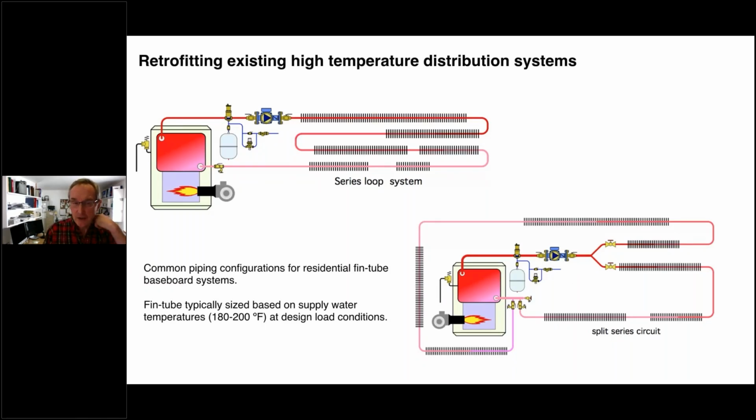But all of these, especially the upper one, the baseboards are arranged in series. And I'll be frank, series baseboard, it made sense probably in the 50s or 60s. You can still do it today, but honestly, you're giving up a lot when you go to series compared to going to some kind of a parallel distribution system. If the baseboard isn't sized properly, if the room loads weren't calculated properly, you may not necessarily proportion the right amount of fin tube to a particular room load, and you really can't do much about that once this is all put together.